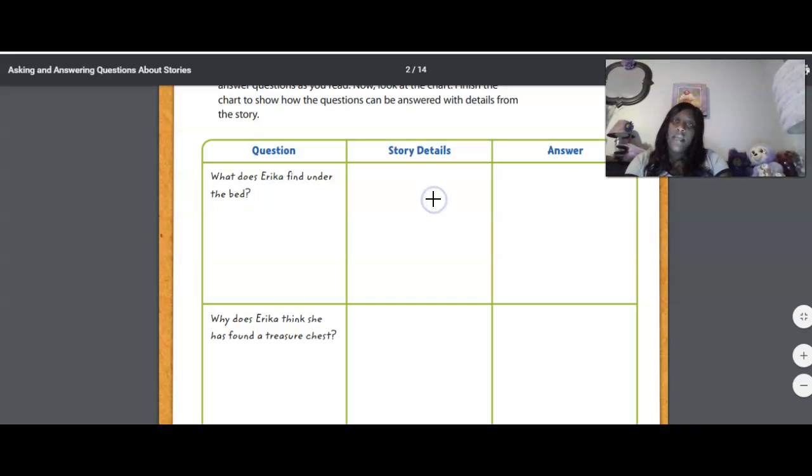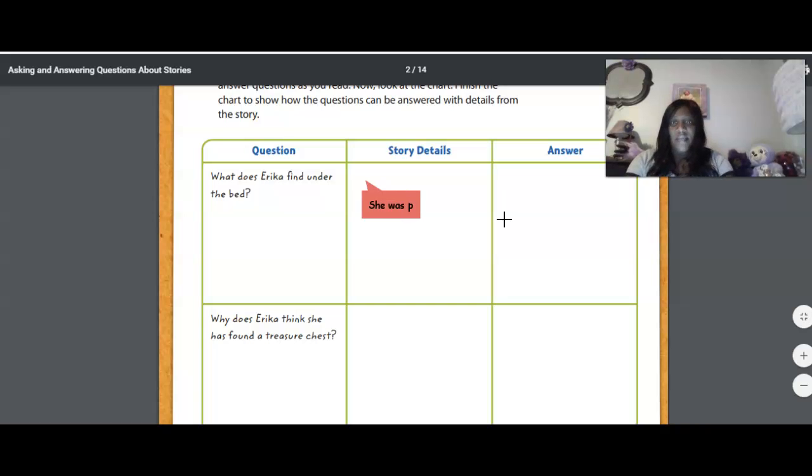So I'm going to look at it again. What does Erica find under the bed? So this is coming directly from the text.